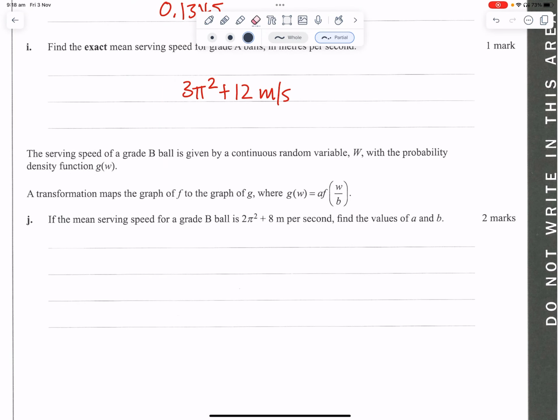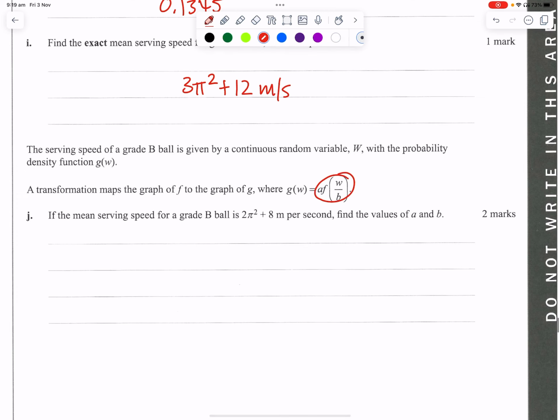Okay, g of w is a. So if we dilate this by some factor, we end up with g of w, and g of w gives us that. The only thing is it's going to modify our mean.